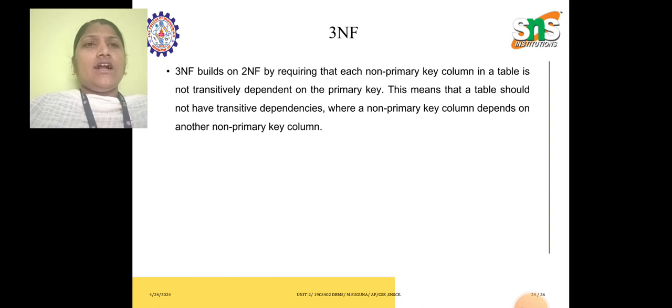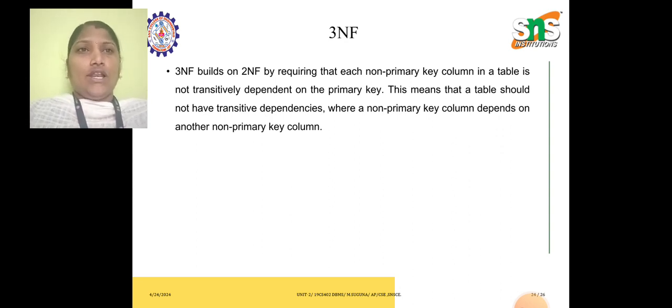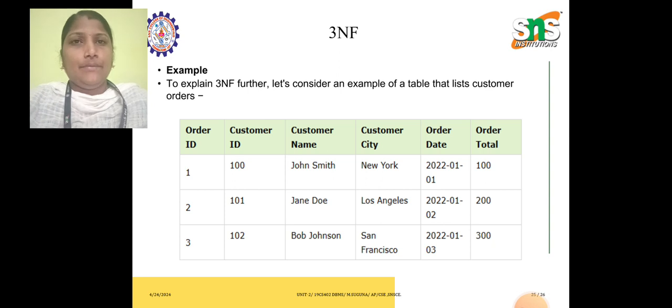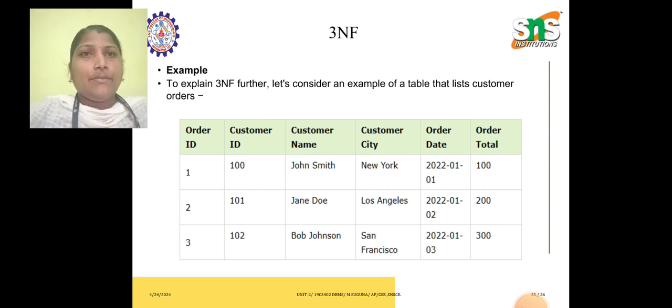That is, each non-primary key column in a given table should not be transitively dependent on the primary key. That means a table should not have transitive dependencies, which means a non-primary key column should not depend on another non-primary key column. So let's see this example.